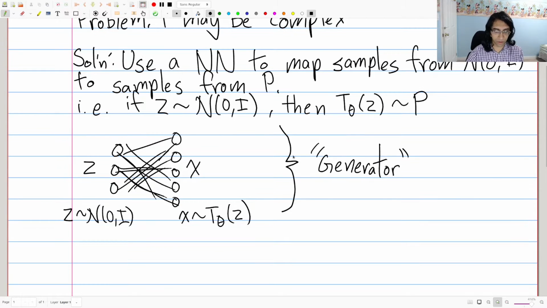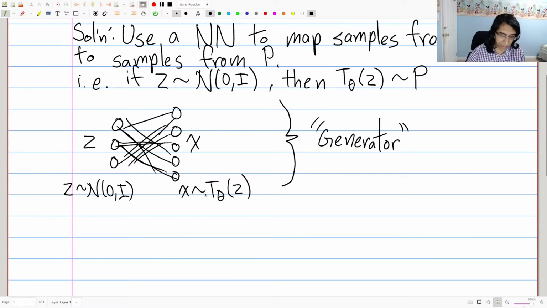So now how do we do that? How do we force this network to learn how to do this mapping and how to do this transformation? How to make this work.